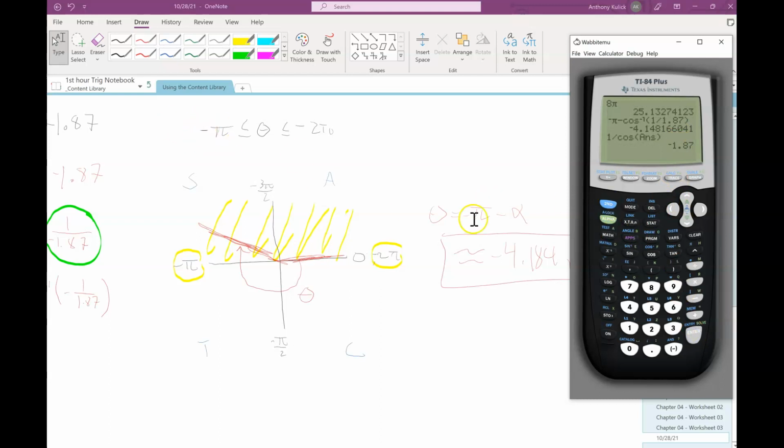And then I should make sure that this number is less than negative pi. Oh boy, that's a problem too. Okay, so it needs to be in between negative 2 pi, where it's bigger than that number, and negative pi, where it's smaller than that number.